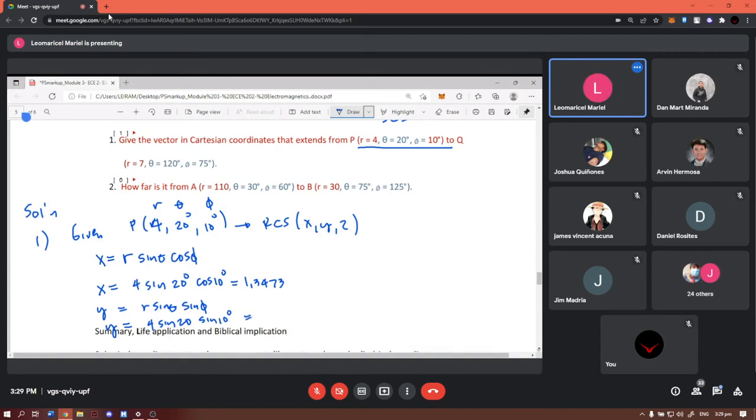So what is the answer? 0.2376. Ayan. And then our Z is equal to R cosine theta. So your Z therefore will be 4 cosine 20. So what is your Z in the P?